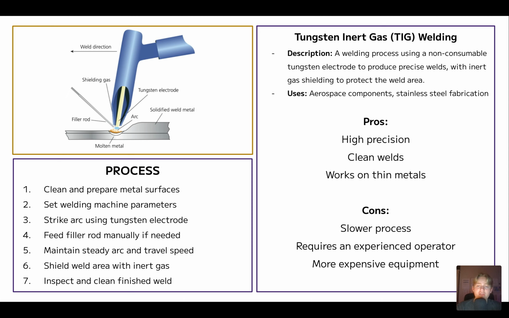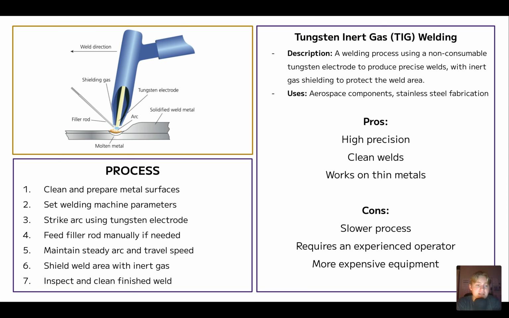And it works on thin metals, which, as I mentioned, is very important in aerospace because you need to be low weight, so light. The cons of it is that it is a slower process than MIG welding, and it requires a very experienced operator. It's more difficult than MIG welding, and it uses more expensive equipment, which increases cost.